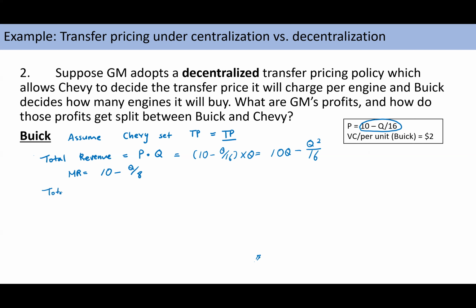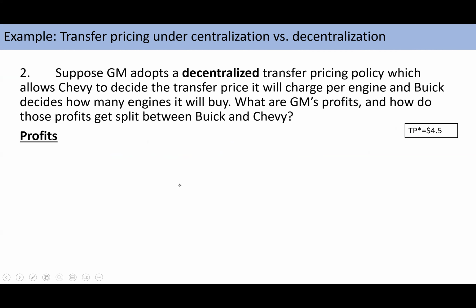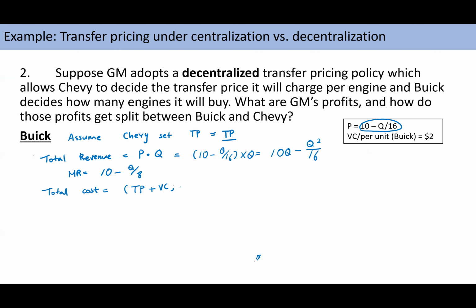And now let's look at our total cost for Buick. The total cost for Buick will be the transfer price plus the variable cost per unit times quantity sold. We don't know the transfer price yet, so we just decided to use TP.